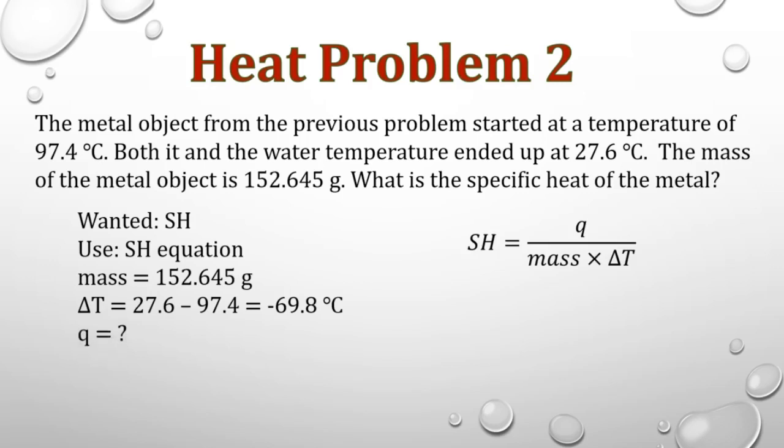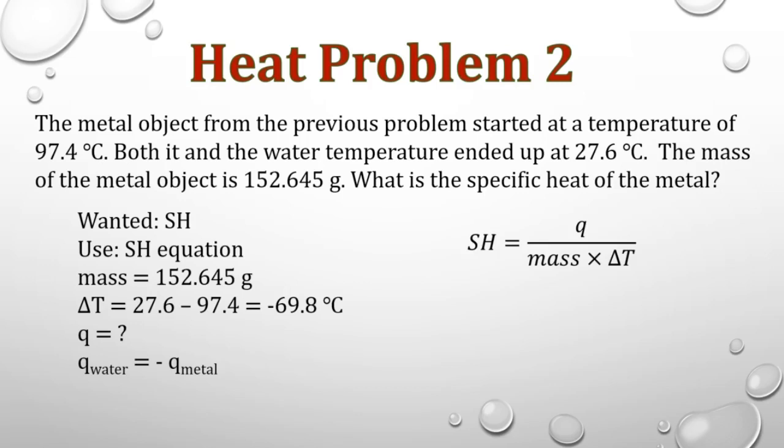But what about the heat transferred, Q? All of the temperature rise in the water was due to the heat transferred from the metal. The heat gained is equal to the heat lost. The negative sign here just shows that the heat was lost from the metal.